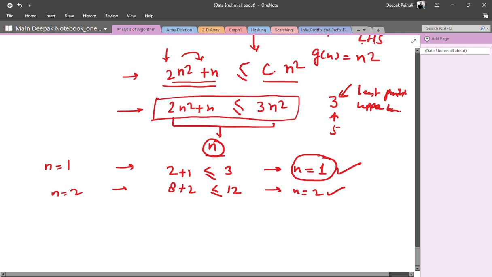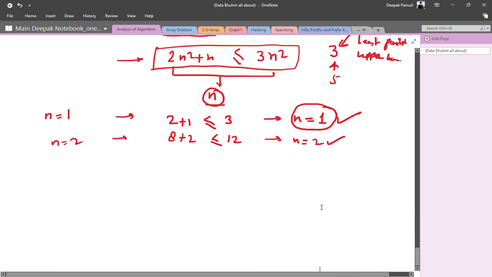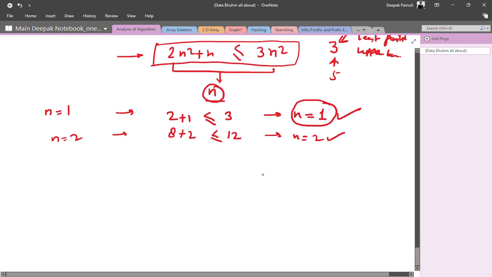So from here we found that n0 should be greater than or equal to 1, and c should be greater than or equal to 3.